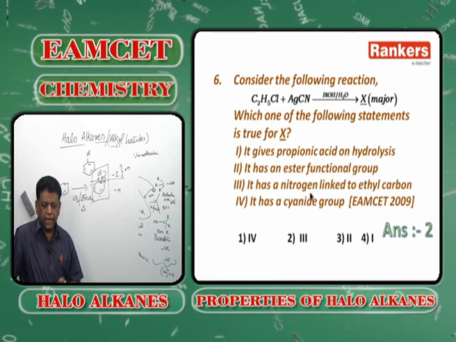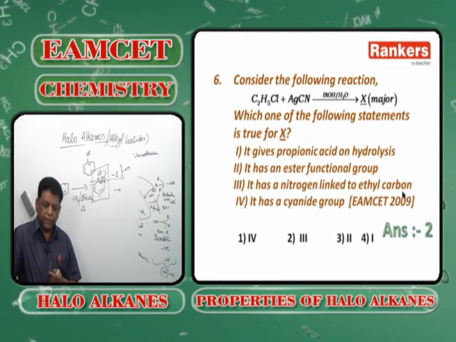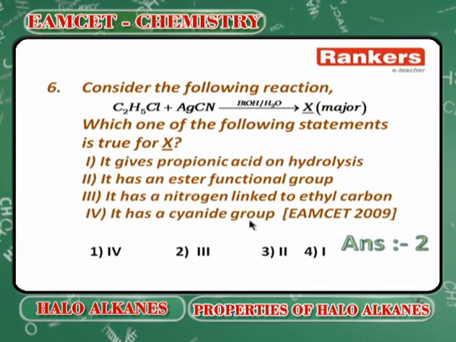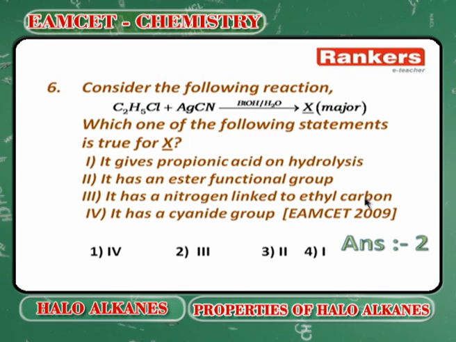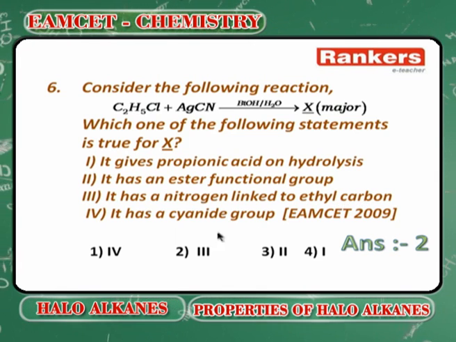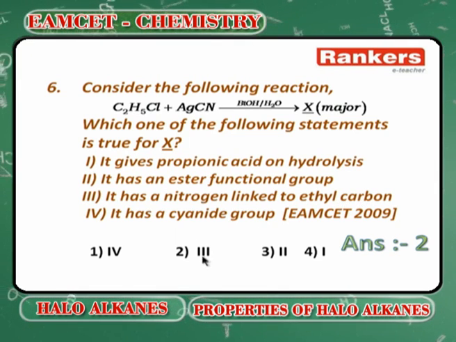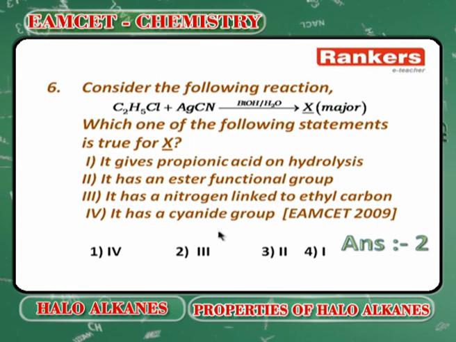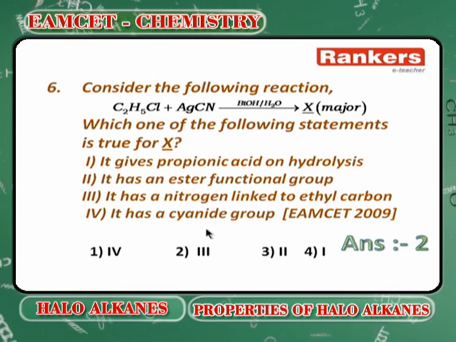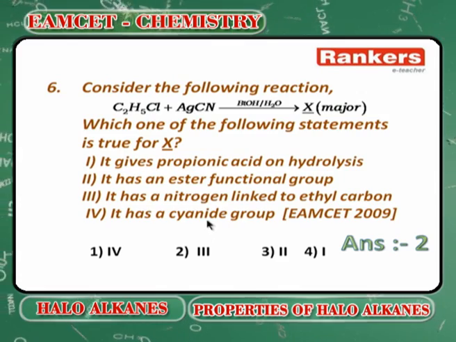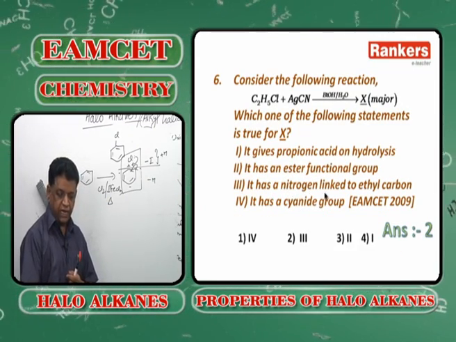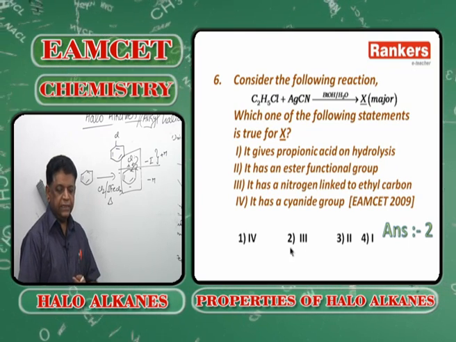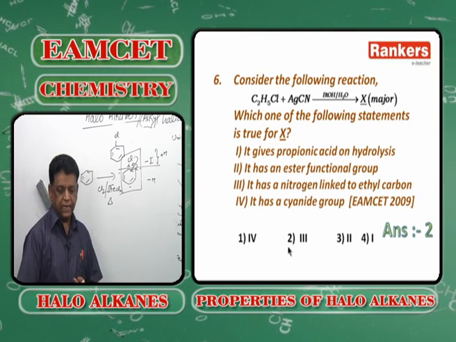It has a nitrogen linked to ethyl carbon, that is right, because isocyanides will have an NC relation. So, a nitrogen linked group is coming. Therefore, the third one is the right answer. It has a cyanide group. So, that is 1, 2, 3 given here in the second statement. So, in the second statement, the third statement is right, he says. Therefore, the second answer is right. Next.